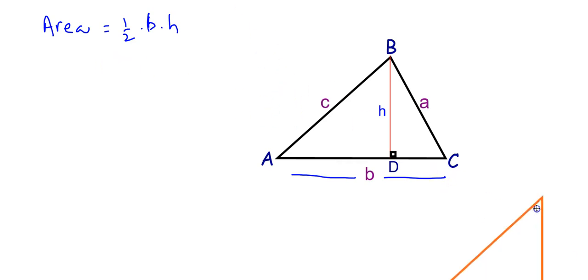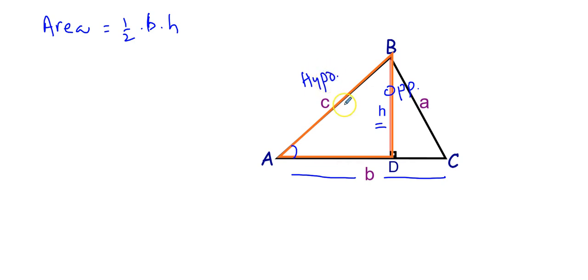Okay, now let us take this triangle ABD. We have that angle A. For this angle A, h is the opposite side, and c is the hypotenuse.